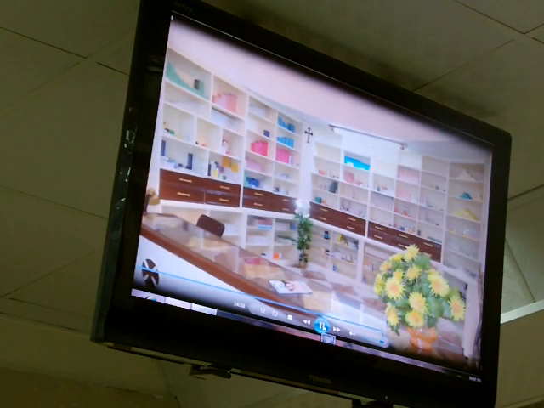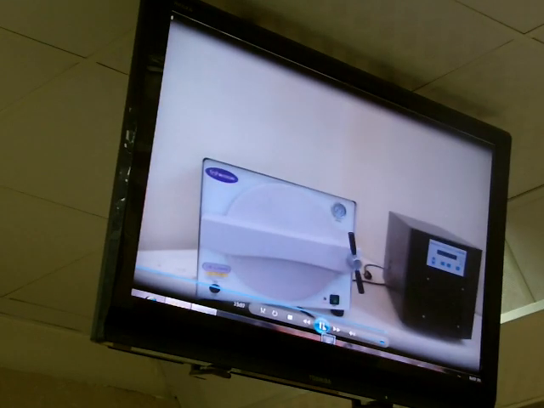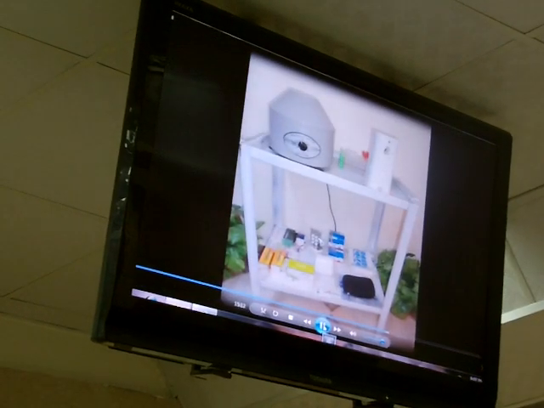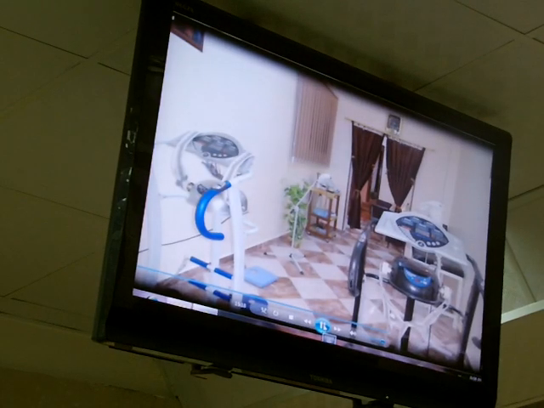Also, we have a pharmacy and some clinics to offer medical treatment, dental, abdominal, and physical surgery to the monks and first aid to visitors.